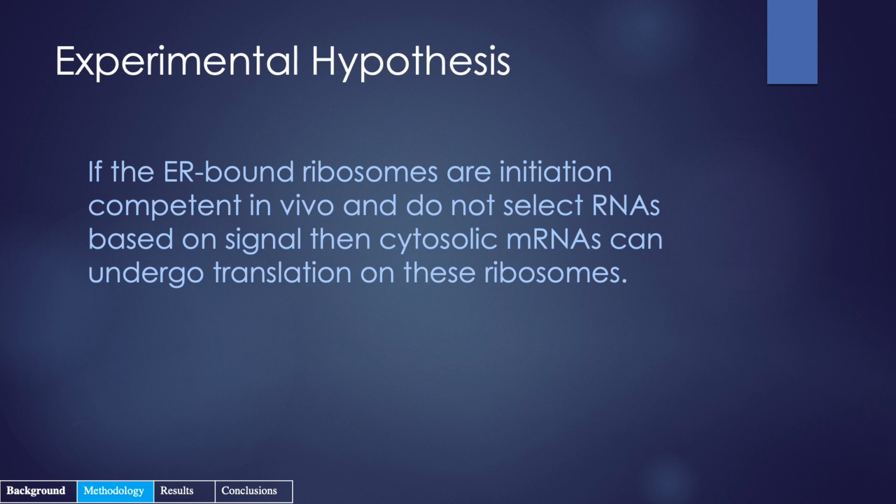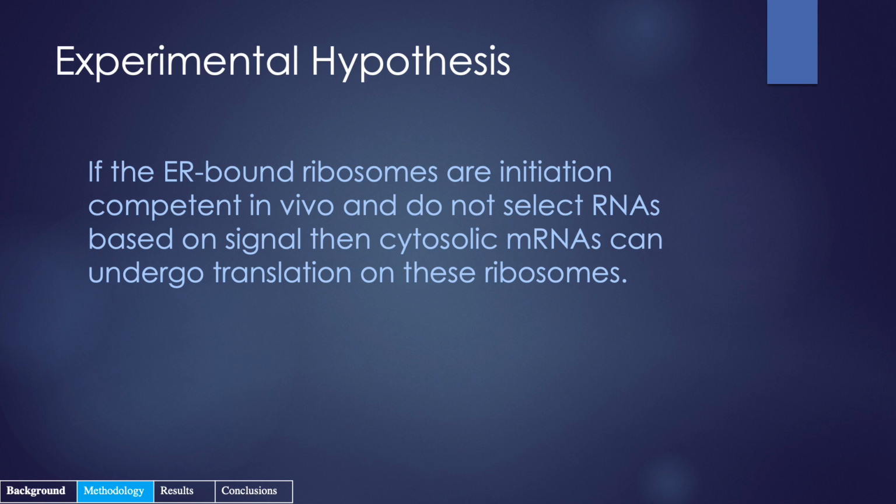So the experimental hypothesis, as stated, is if the endoplasmic reticulum-bound ribosomes are initiation competent in vivo and do not select RNAs based on signal, then the cytosolic mRNAs can undergo translation on these ribosomes. So this just means that they do not select for signal peptide encoding mRNAs.